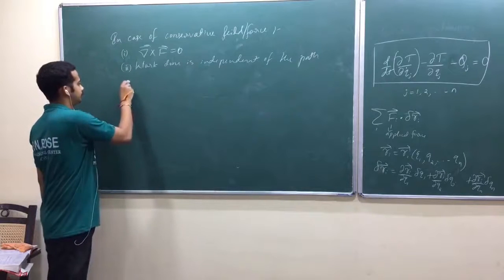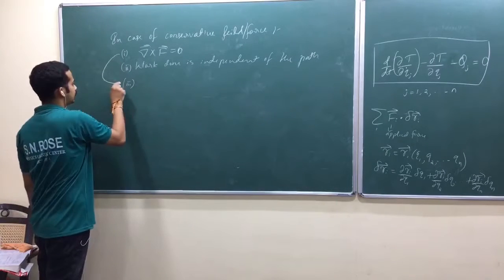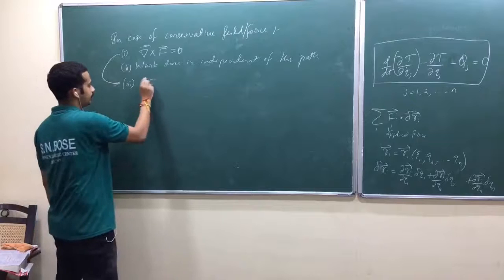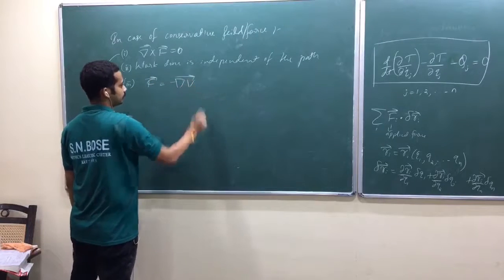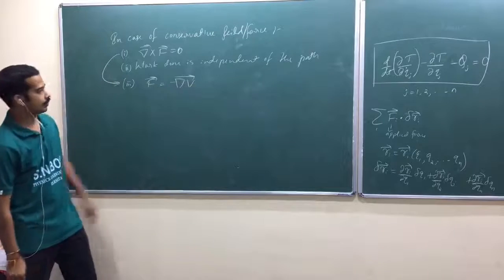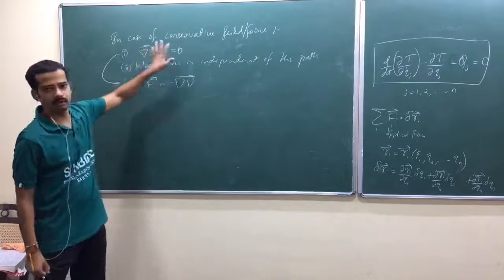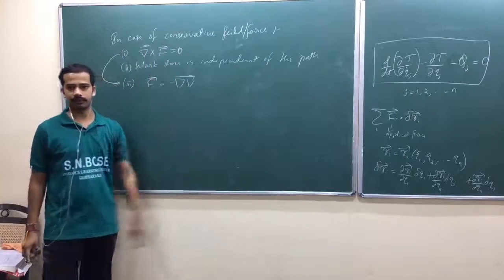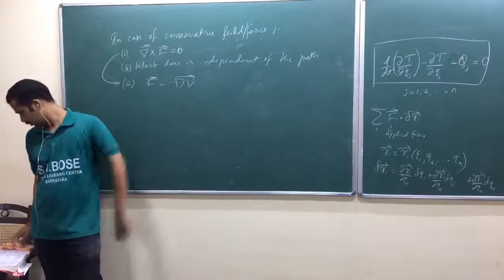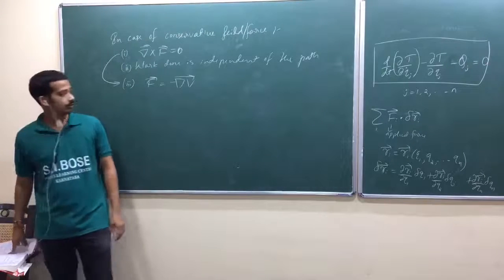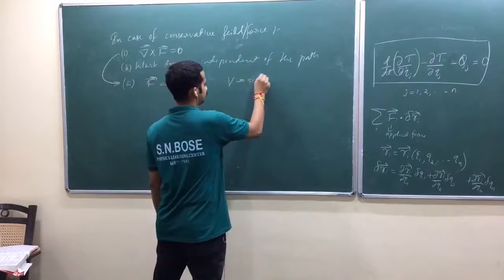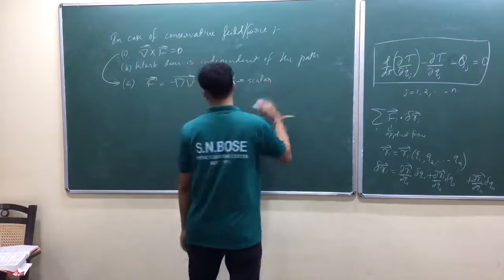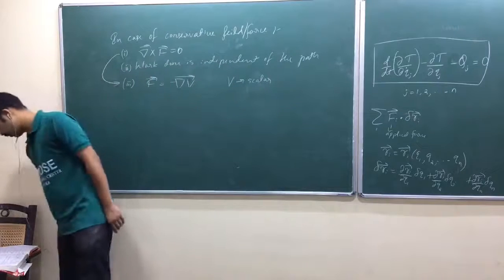Then a direct consequence of this is that F can be written as minus the gradient of some scalar, so that the curl of the gradient equals 0. That kind of equation will come. If you know that, then it's okay. Otherwise, we shall discuss this in electrodynamics, where V is a scalar. We call that the scalar potential.